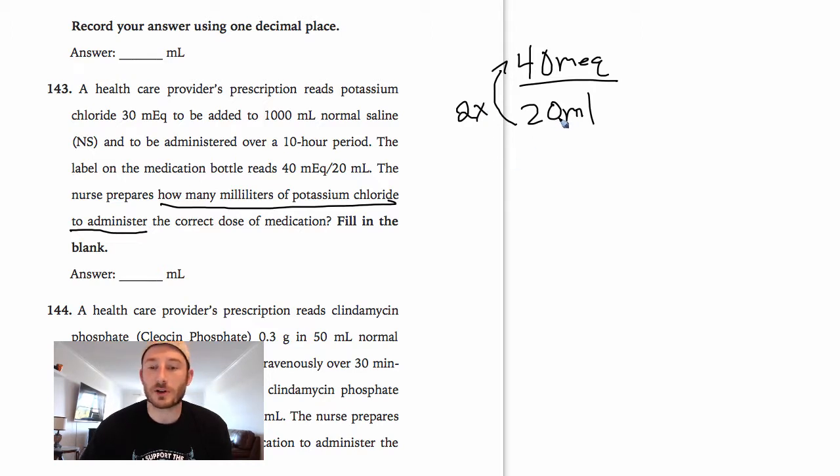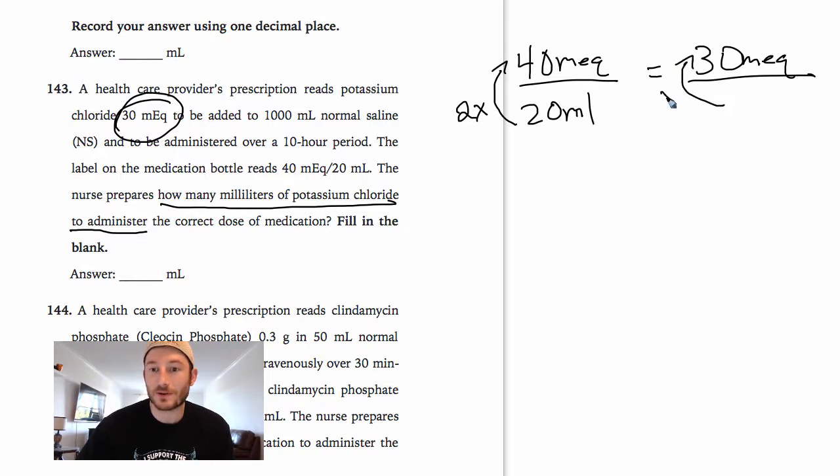Whatever the mLs are, just times it by 2 to get the MEqs. So if I know the MEq they order, or what the providers want, is 30, well, what times 2 gives me 30? It's 15, and you're done. 15 mLs. So that's a quick way to do it.